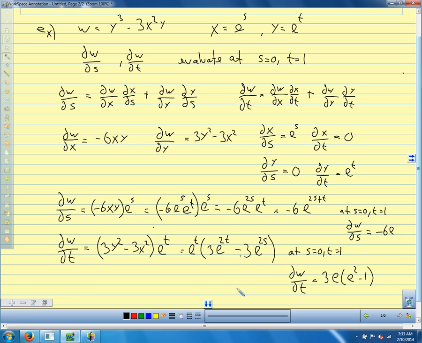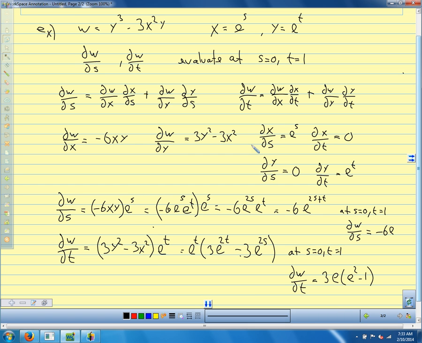So that would be my partial evaluated at those values of the independent variables. And I would get the exact same result if I substituted for x and y first and took my partial with respect to x and my partial with respect to y. So questions on the process there? Just derivatives over and over again. Nothing particularly complicated.